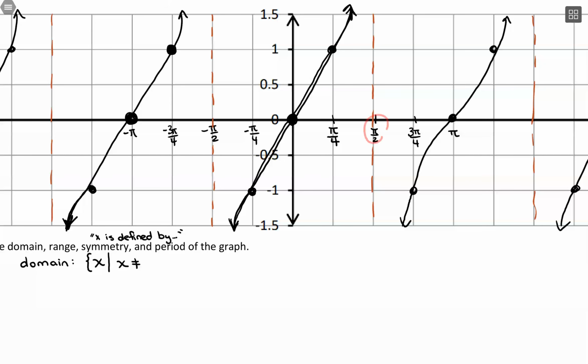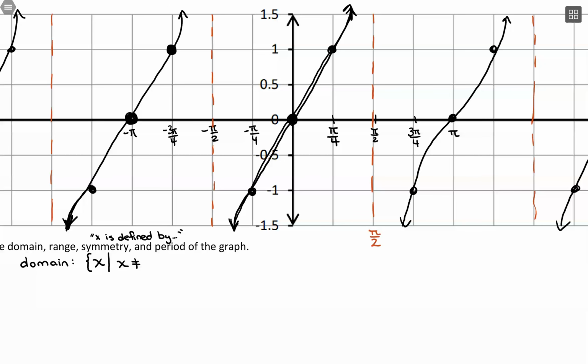We can see it happens at π/2. We can see it happens up here as well at 3π/2. It happens at -π/2. It happens at -3π/2. So I'm going to start with a value, and I'm just going to start with that closest positive value. So π/2 is a possibility.